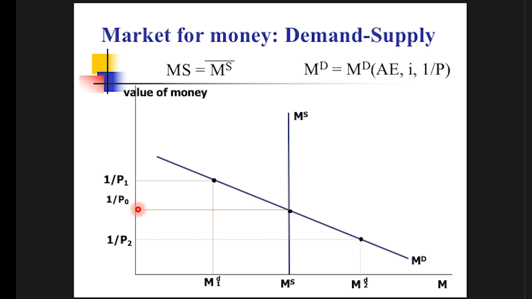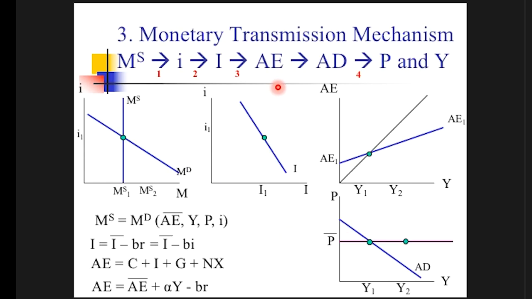So now, applying the first diagram, we will explain the effect of monetary changes in the economy, and this is called the monetary transmission mechanism. There are 4 important steps, so please try to understand the following explanation.